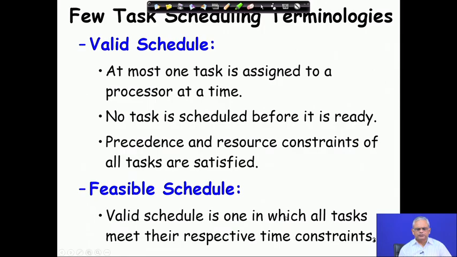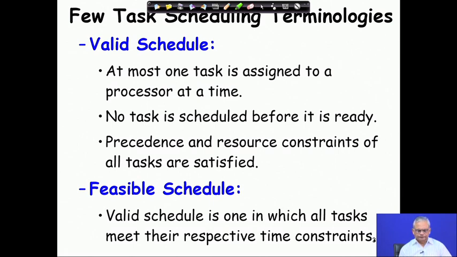We look at another terminology which we will also use, the valid schedule and a feasible schedule. A valid schedule is one where the task is assigned to a processor, and the task is not scheduled before it is released. So, only after it is released or generated, the scheduler schedules it, and its constraints, such as that it should precede some other task, etcetera, are satisfied.